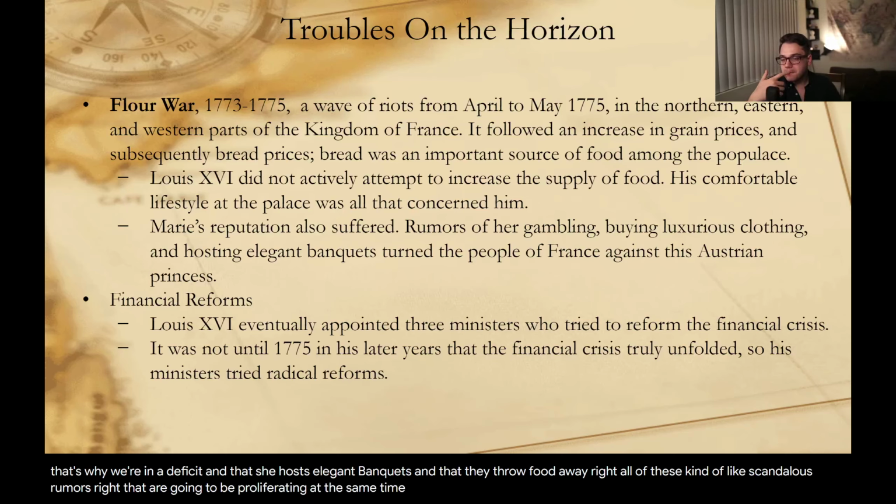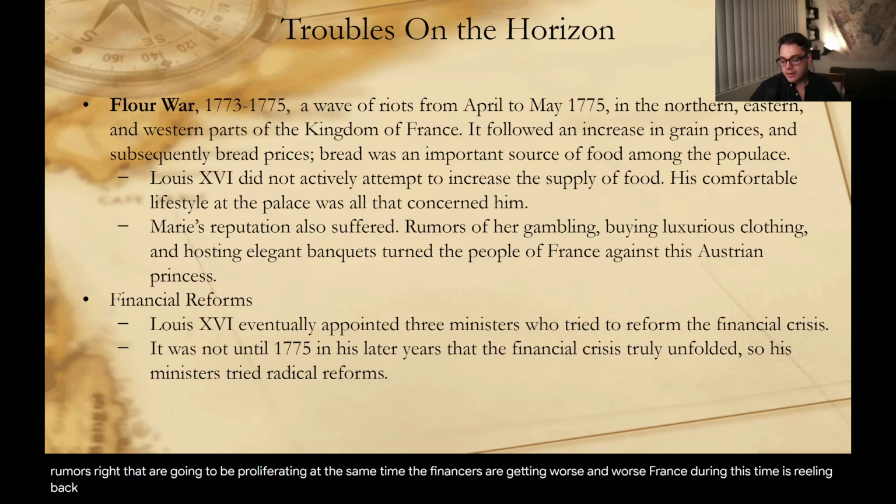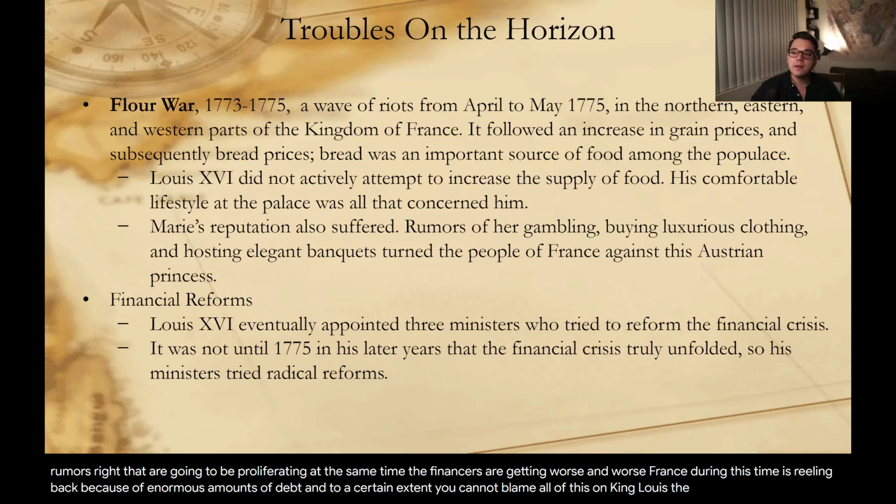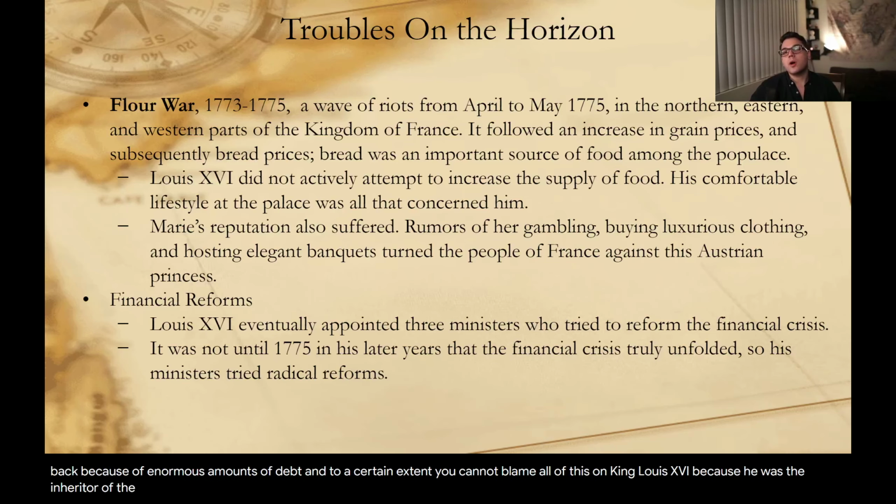At the same time, the finances are getting worse and worse. France, during this time, is reeling because of enormous amounts of debt. And to a certain extent, you cannot blame all of this on King Louis XVI because he was the inheritor of this problem.